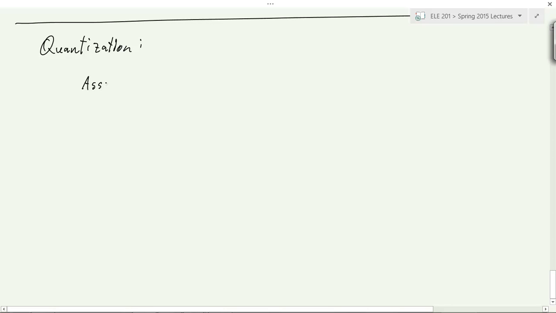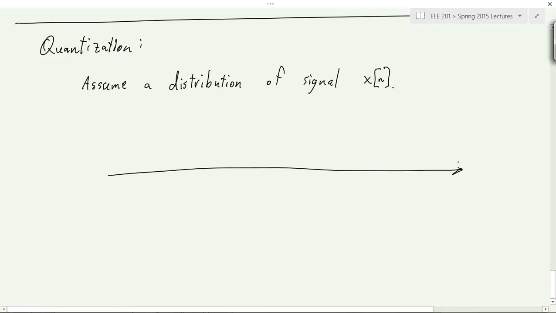Assume that you have some sort of signal. Now, we don't know what it is because we're doing some sampling. We're going to treat it as if it was random. Whatever your signal is, if it's music or something like that, it has some distribution for each sample. Now, it also usually has a so-called dynamic range.